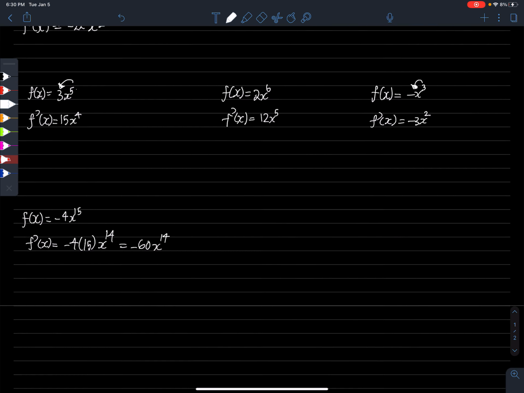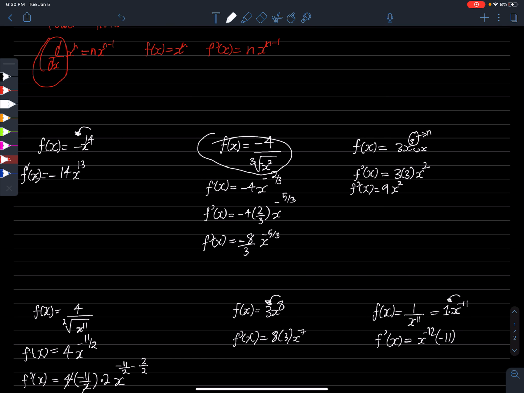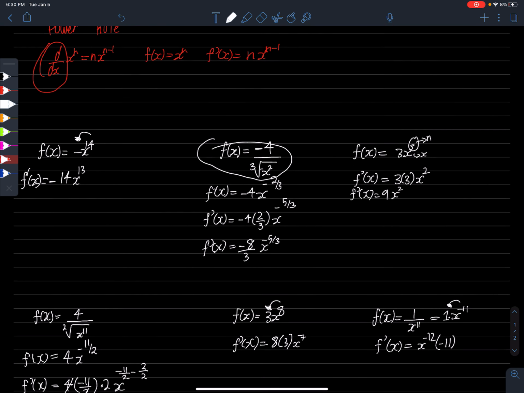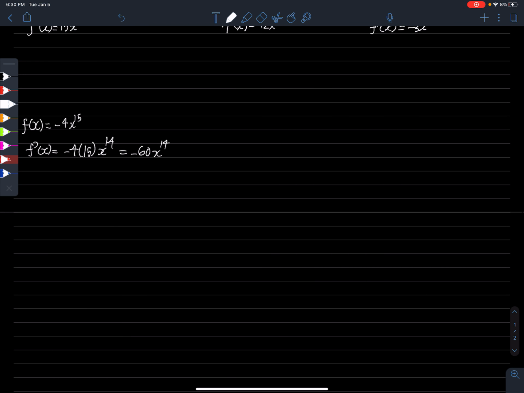So a general rule of thumb is, if the exponent is positive, so if x to the n and n is greater than 0, actually it doesn't even matter. The n is always going to be reduced by 1, so the power is going to get smaller and smaller, right? And here's the trick though.